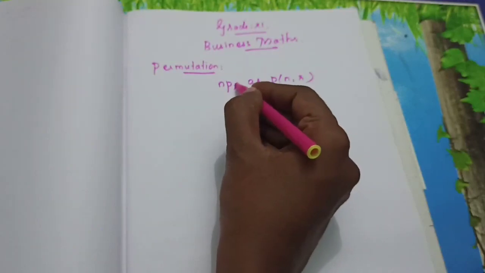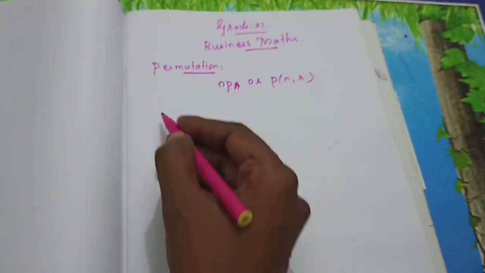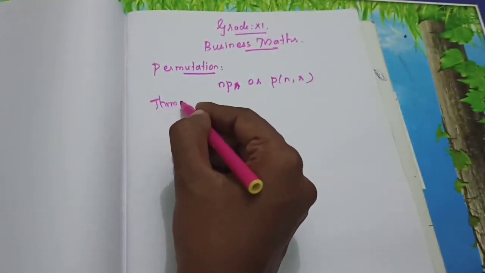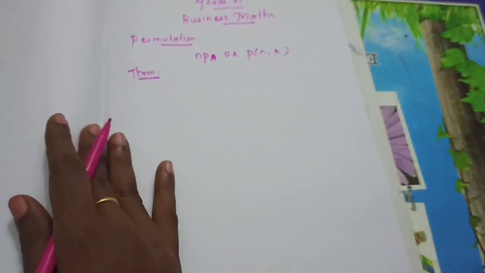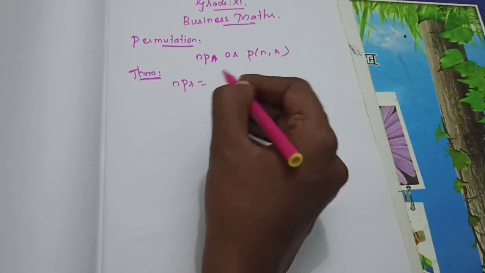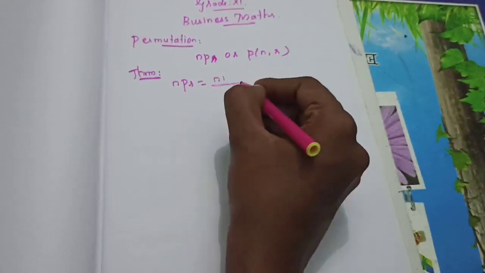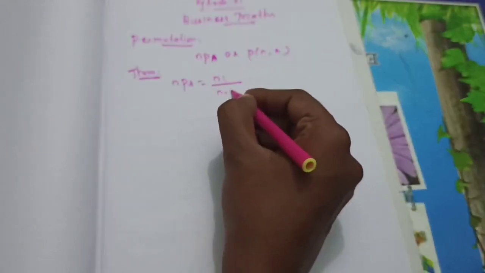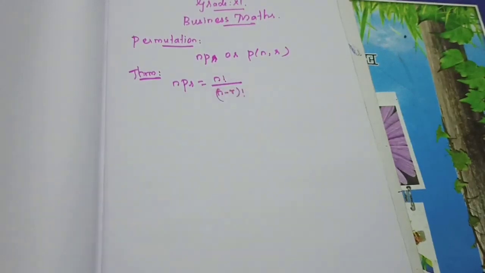Here this r must be in subscript. This is a very important theorem. The proof is not given and is not needed, but this statement is very important: nPr equals n factorial divided by (n minus r) the whole factorial. Please children, learn this and take it in your notes also. So what is nPr? nPr equals n factorial divided by (n minus r) factorial.